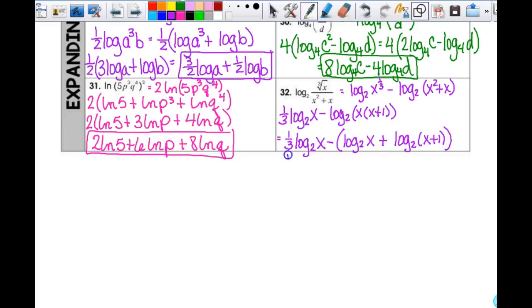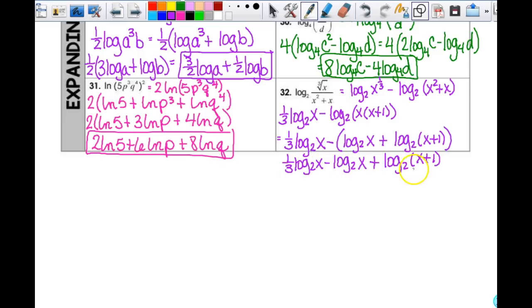So then to finish my expansion, I get 1/3 log base 2 of x minus log base 2 of x plus log base 2 of x plus 1. But then look at what I have right here. I have 1/3 minus this, which is like a 1 there, right? So 1/3 minus 1, because these two things are exactly the same.